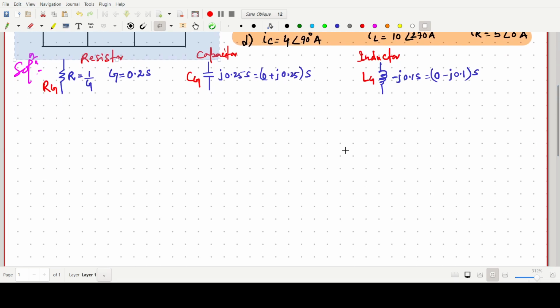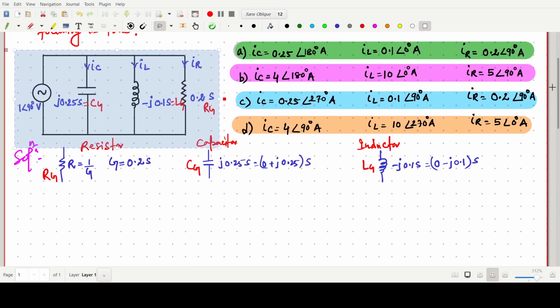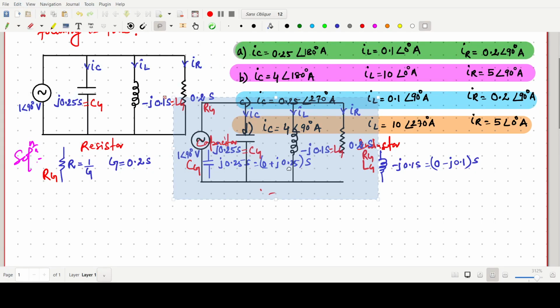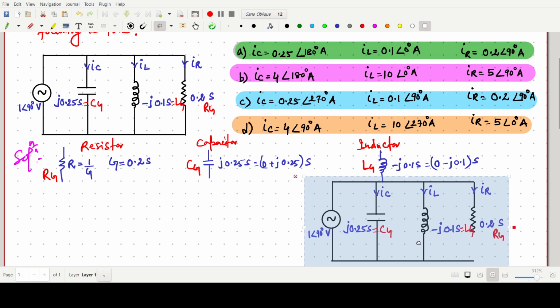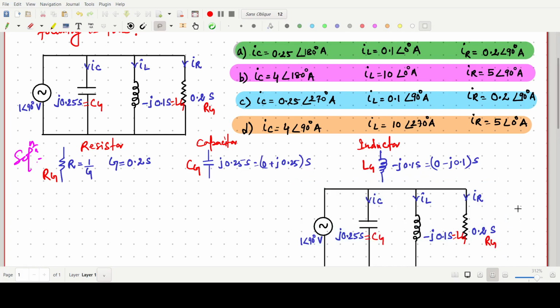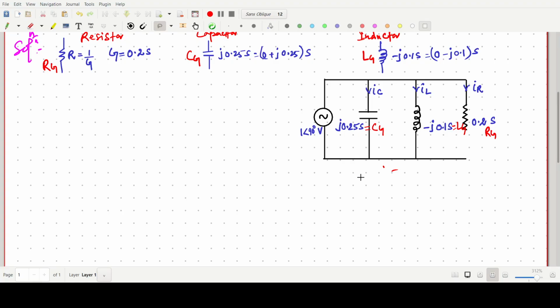Control C, copy, paste. The same figure I want to copy.